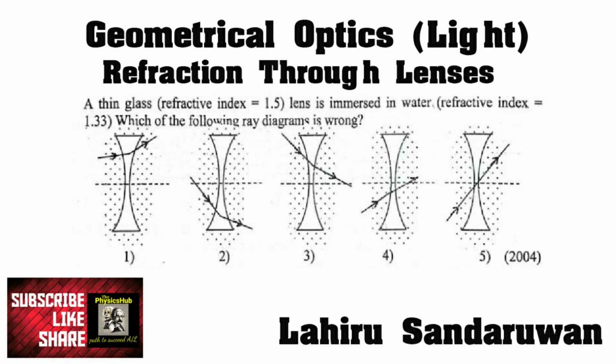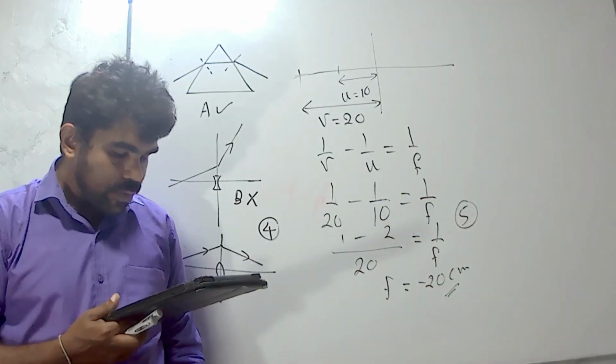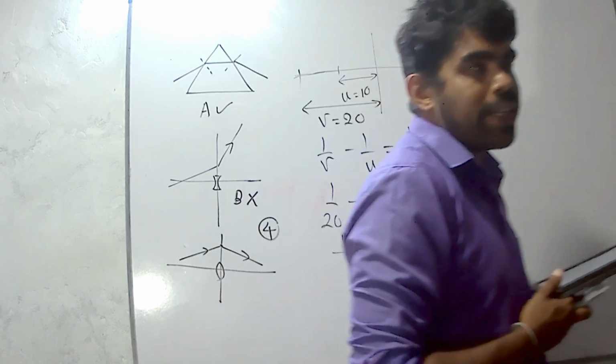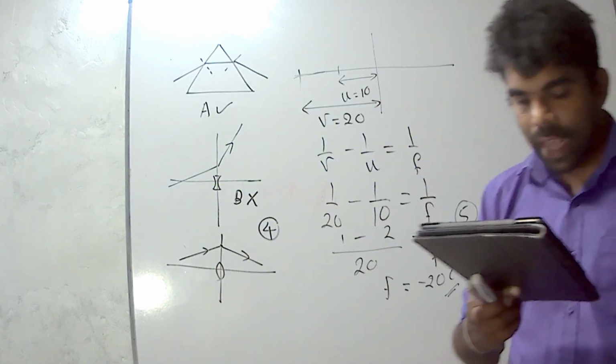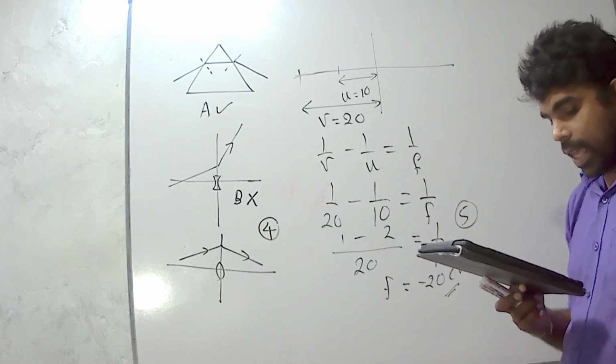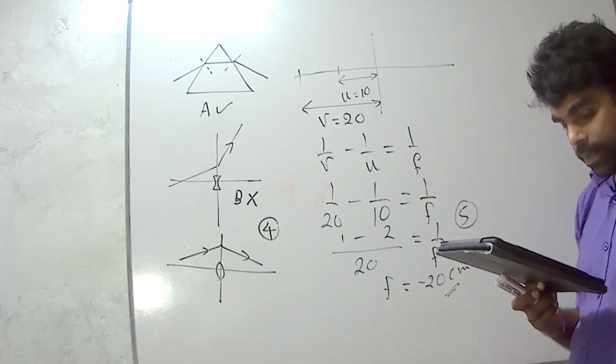Question number 20. A thin glass lens, refractive index 1.5, is immersed in water, refractive index 1.33. Which of the following ray diagrams is wrong? Refractive index of the outer medium is less than refractive index of the lens. Therefore, we can consider that the lens is placed in a rare medium.